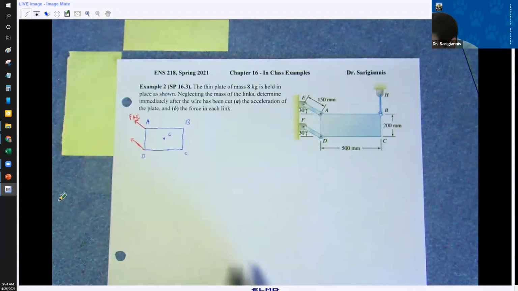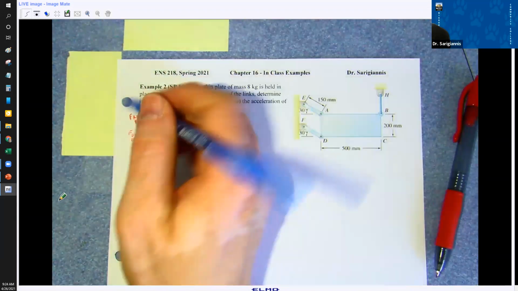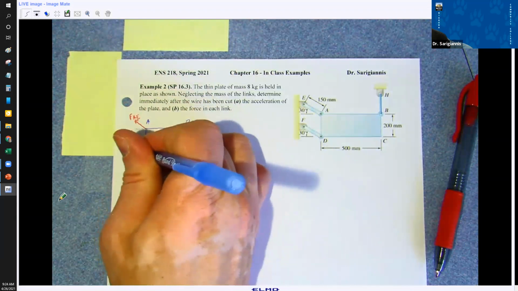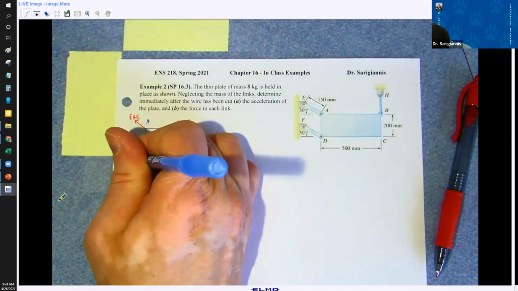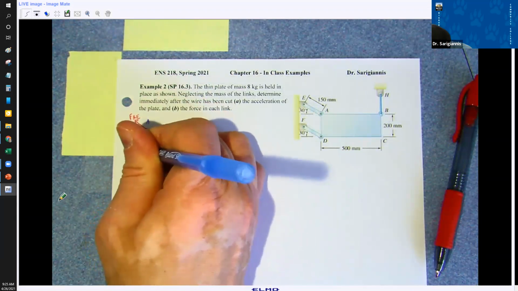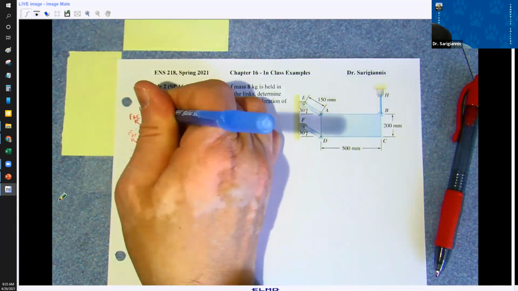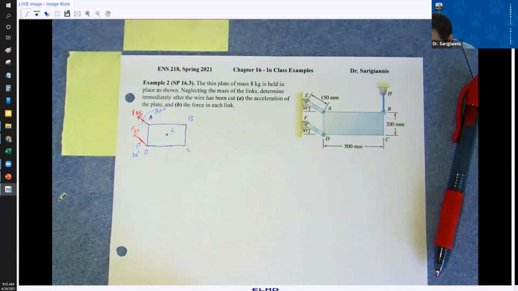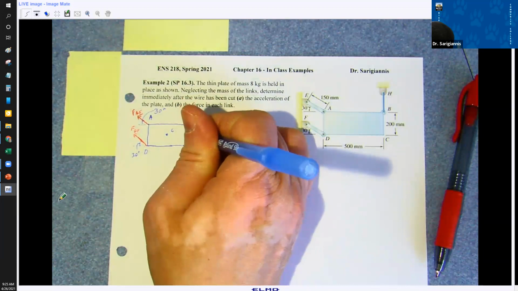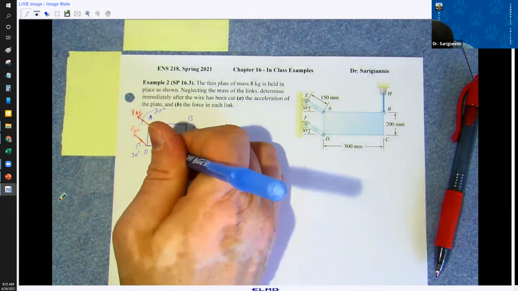It's supposed to be the same angle, FDF. I'll put a little 30 degrees and 30 degrees. We have some lengths here, at least on the plate. This is 200 millimeters. And this is 500 millimeters.